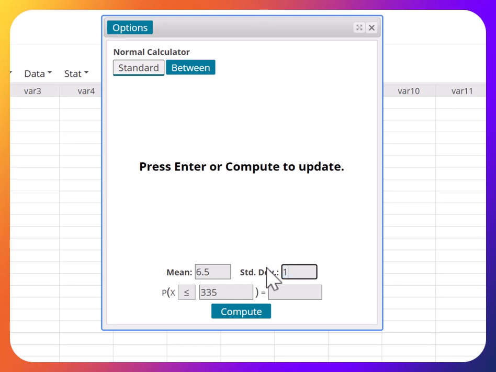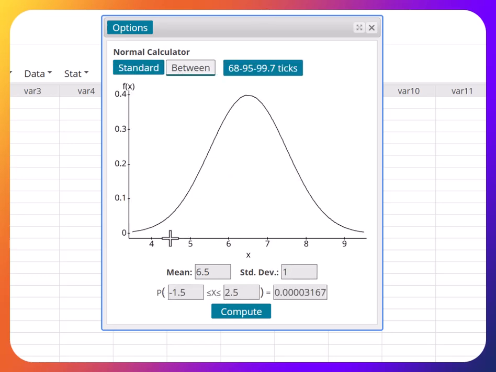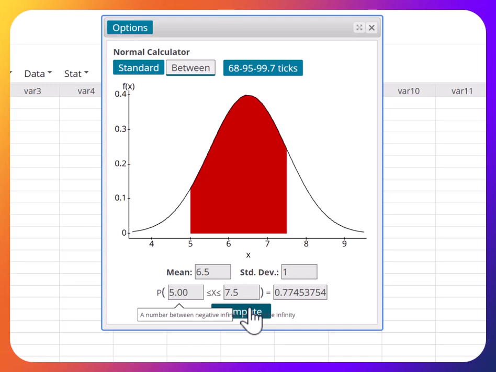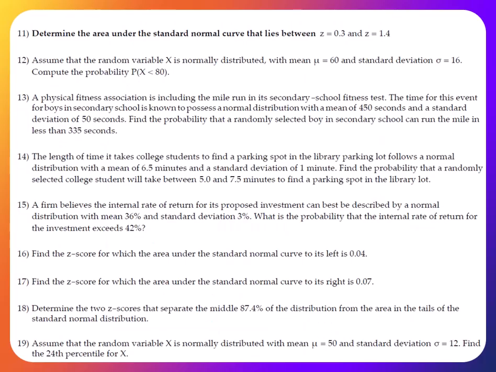Standard deviation is 1, and we go to between. 5, and 7.5 minutes, and hit compute. So that would be the probability. Let me just double check that it is 5 and 7.5. Yeah, that is correct.